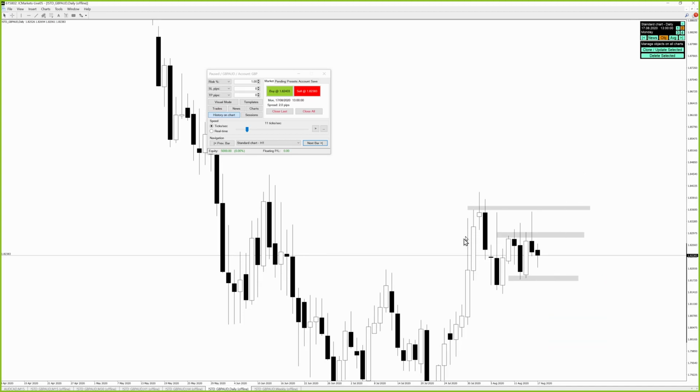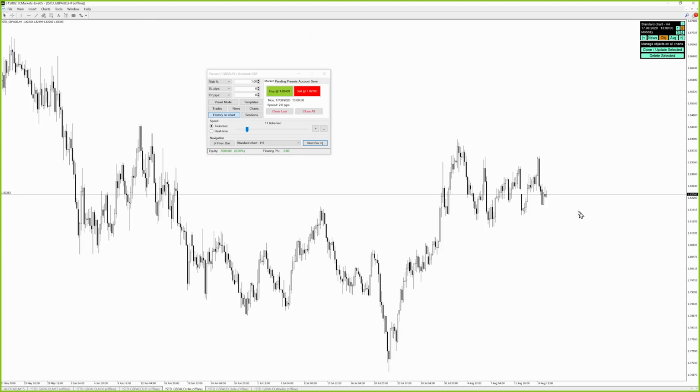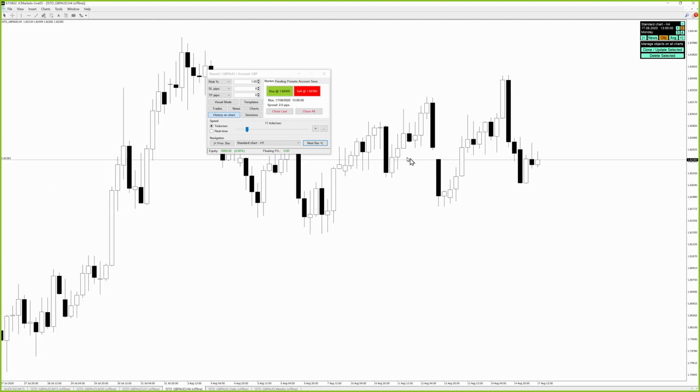So let's move on to the 4-hour at this point. Wow, let's take a look at this 4-hour. The first thing we need to understand on the 4-hour is to identify where our most recent zones are. If we look at this chart right here, the most recent support we can see is right over here. Now, when we have a most recent support, we also need to identify the most recent resistance.